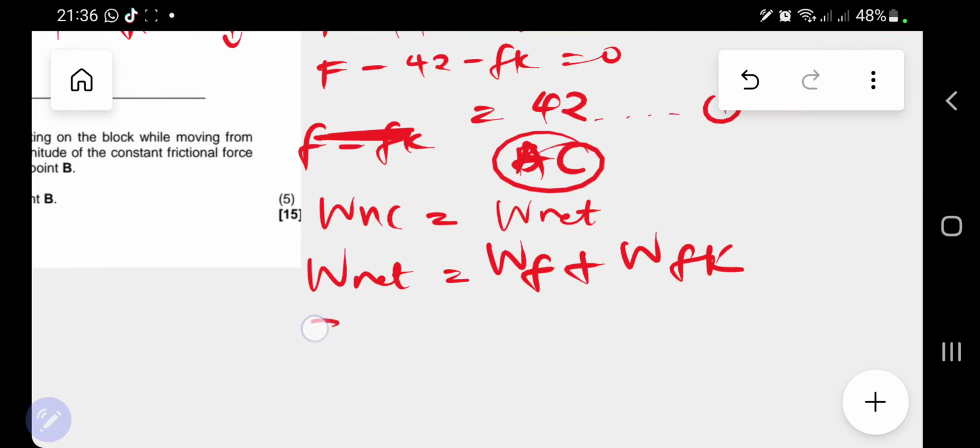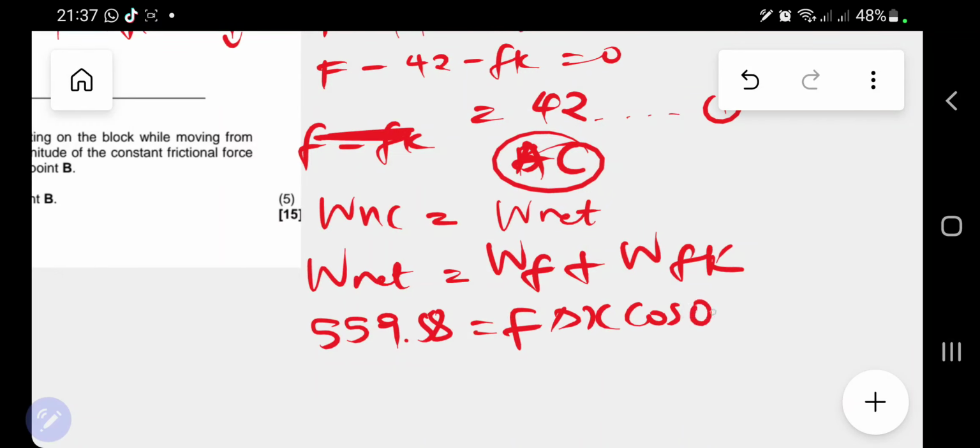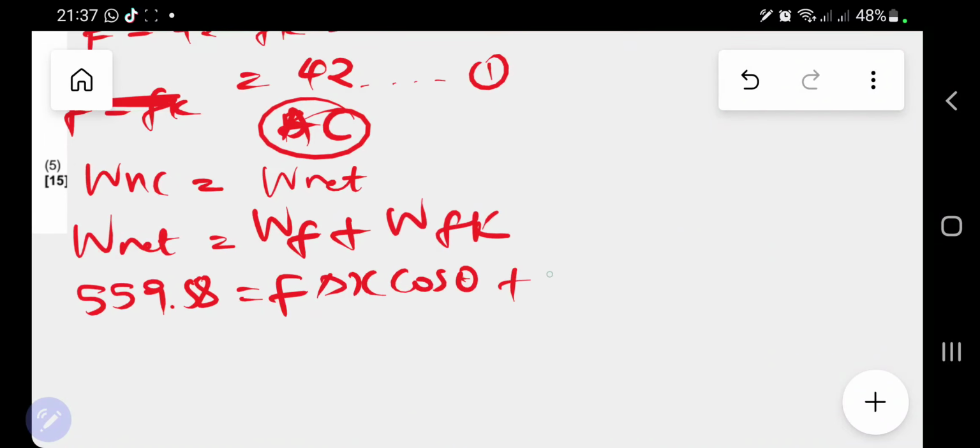So now 559.58 equals F Δx cos θ plus Fk Δx cos θ.